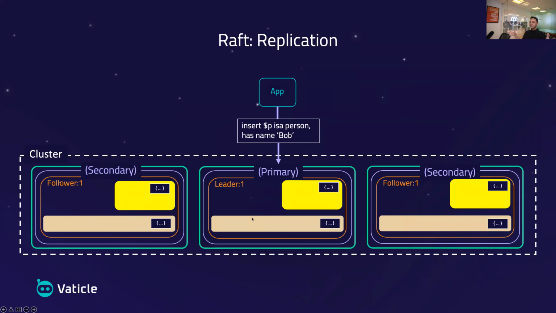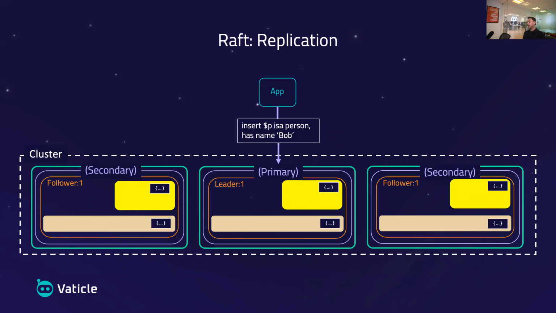And essentially, Raft is what we call a state machine replication algorithm. The Raft algorithm is meant to be used as a data replication mechanism, but we don't actually just replicate the data.